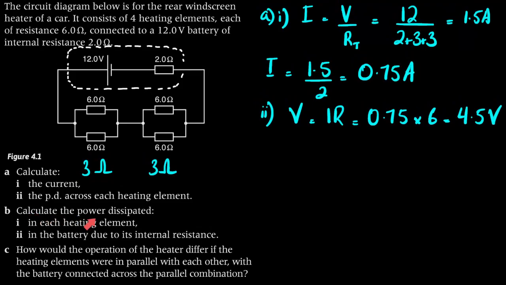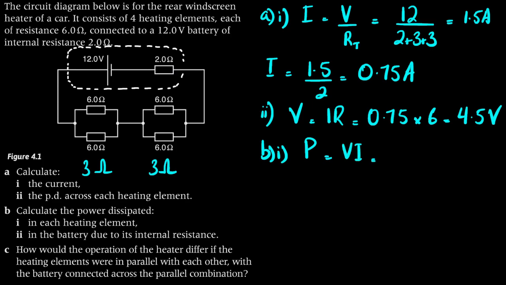So once this is done, part B part 1: calculate the power dissipated in each heating element. We have all the formulas. We can actually use any one that we want. We can use VI or I squared R or V squared upon R, because we have found everything related to the heating elements.